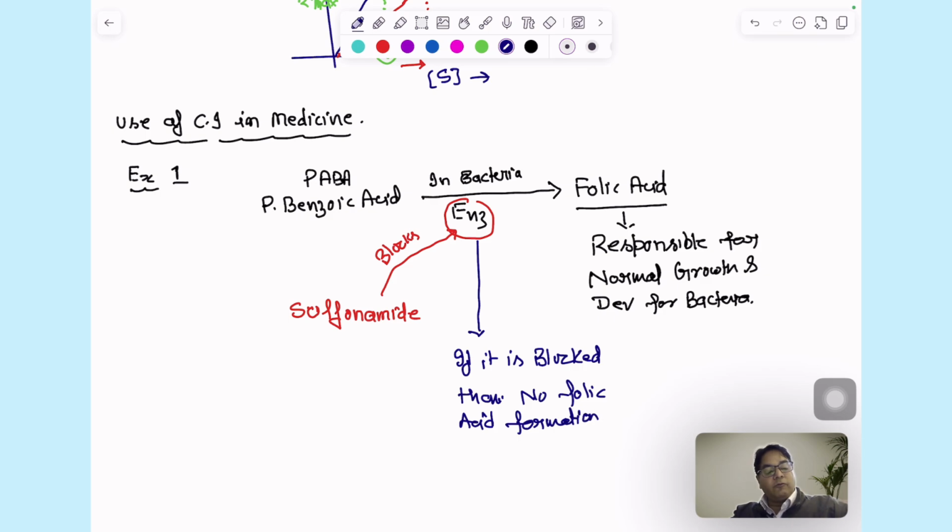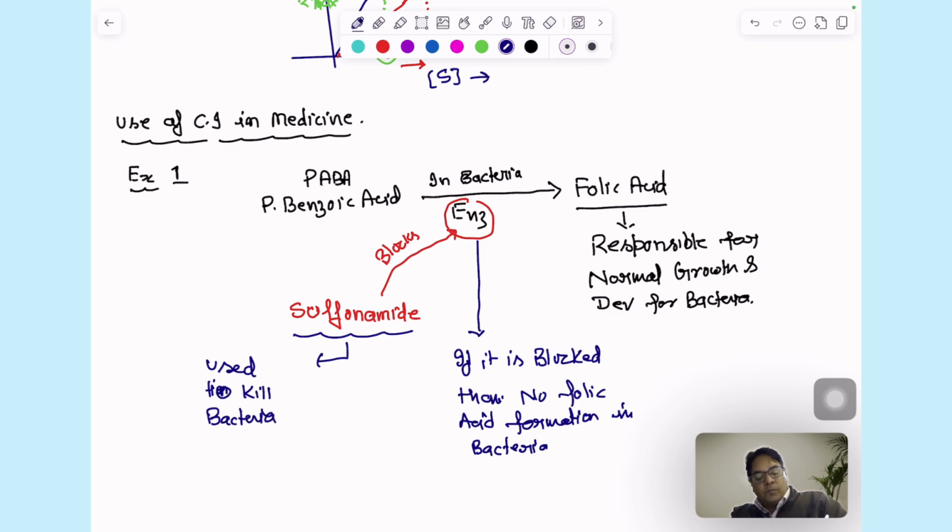So bacteria will die. So that's why this is used in infections, to destroy the bacteria. It's a competitive inhibitor used to kill simple bacteria. So it helps in infection control.